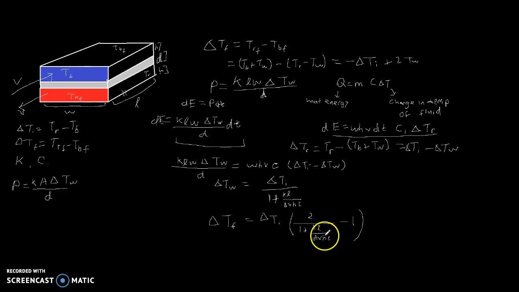And if the denominator is less, then this entire quantity here will be greater. And with a greater entire quantity, our temperature difference will be greater, indicating that the heat didn't transfer as much from the hotter fluid to the colder fluid.